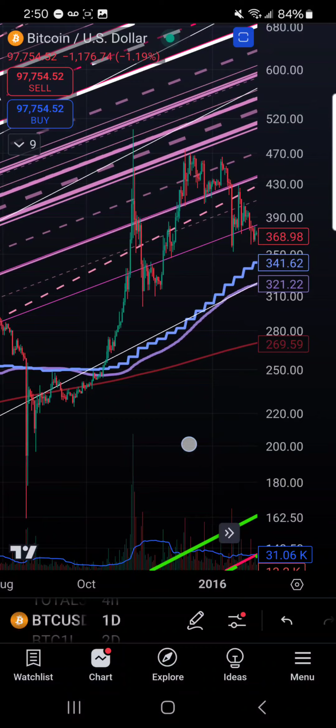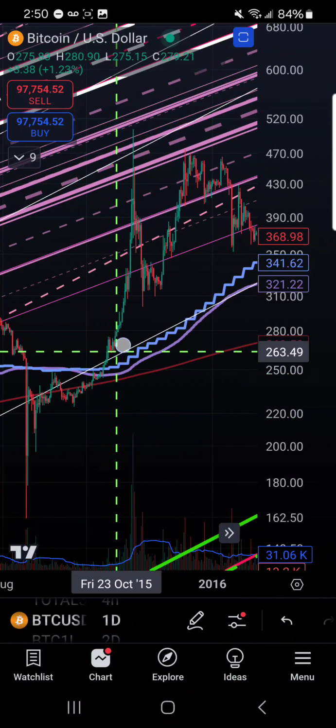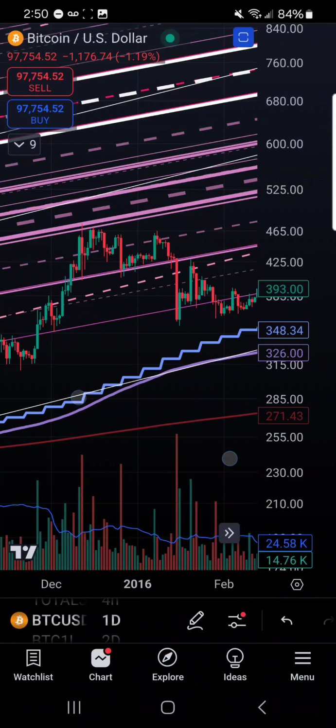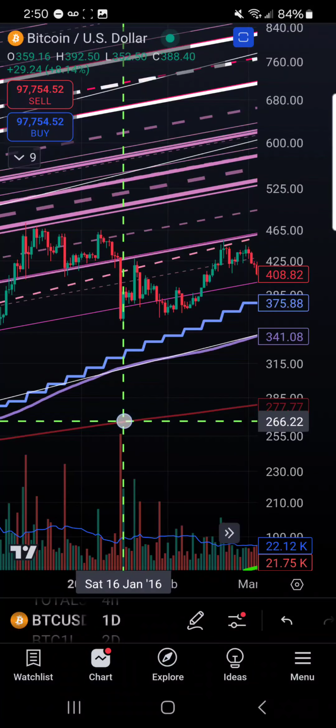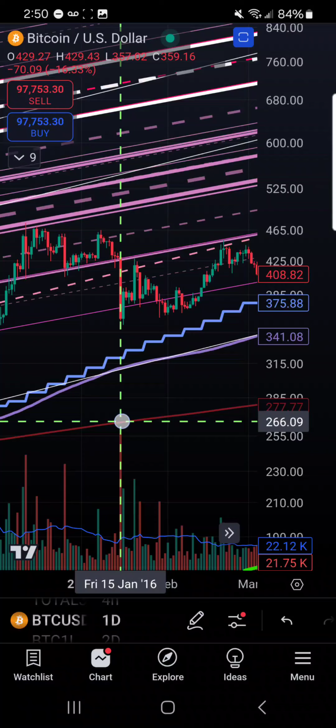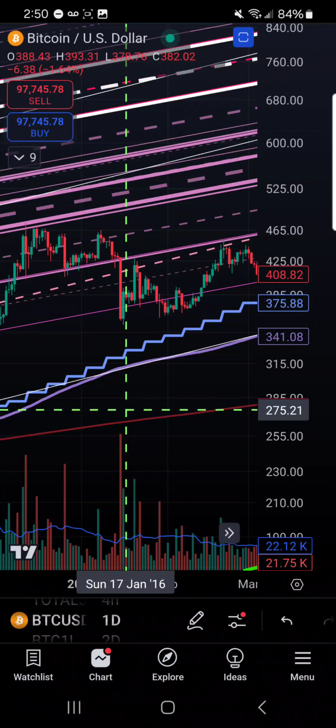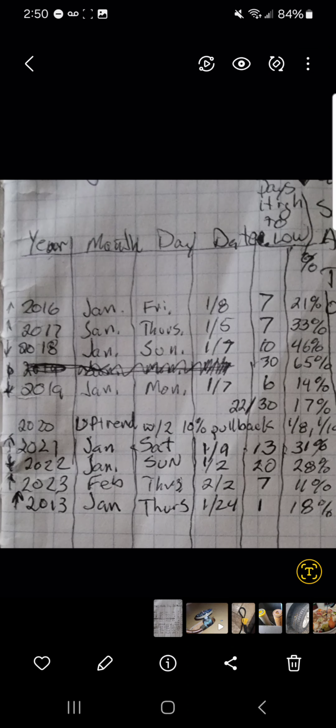Well, now in 2016, 2015, we had been coming up here, and then in January, you can see right there, that was the 15th, Friday the 15th of January. Now let's see. We'll go look and see what I wrote down on my chart.